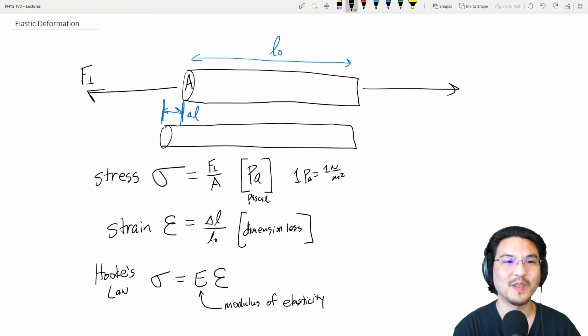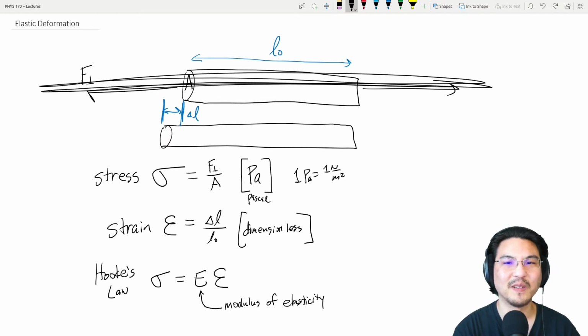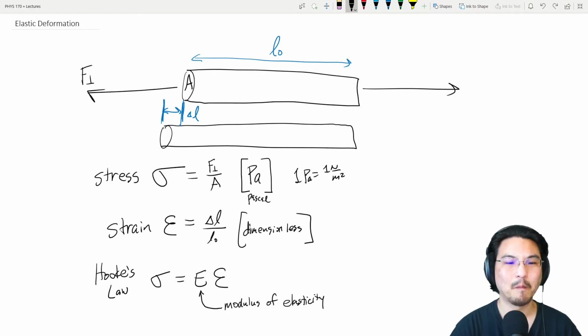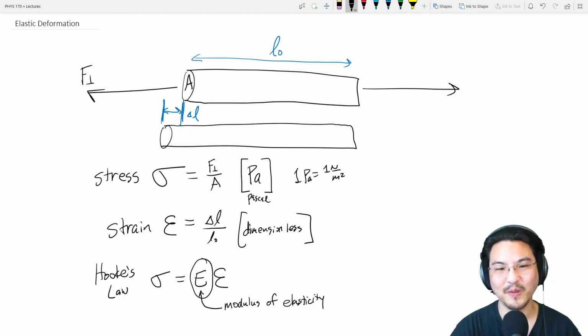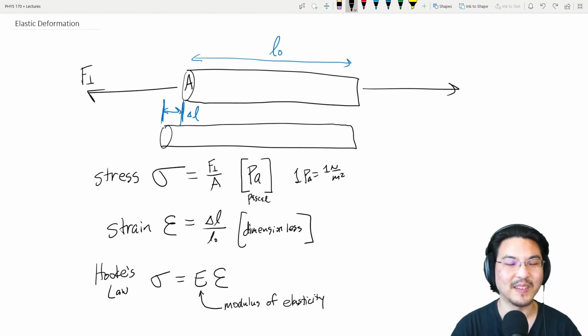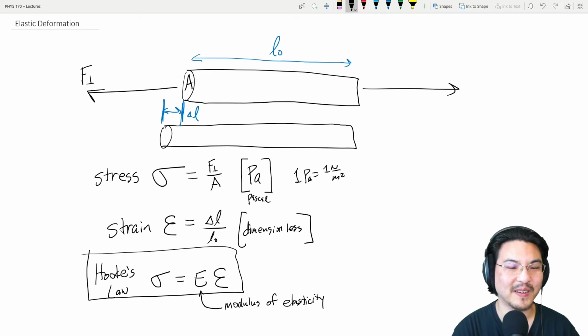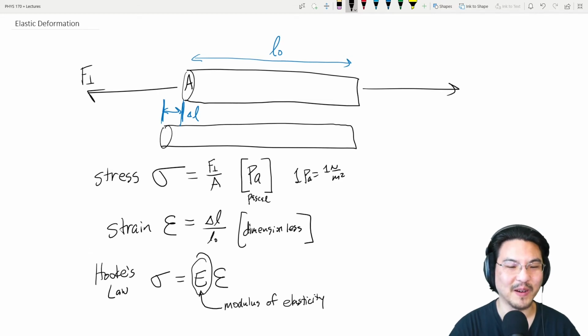The one particular to this tension or compression along the axis, so for axial stress, would be called Young's modulus, for axial stresses and axial strains. But I'm going to leave this generic, for whatever generic modulus of elasticity.